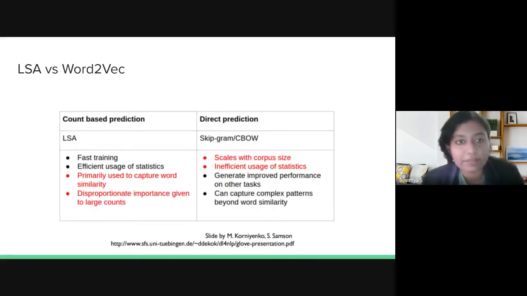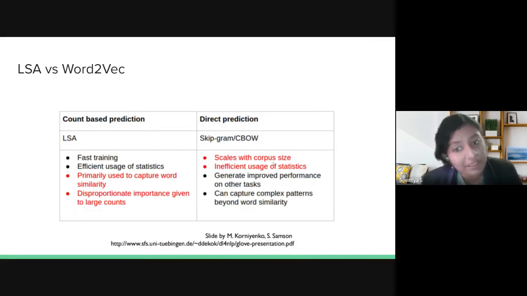So coming back, we'll see what is the difference between LSA and word2vec. Now, LSA trains very fast because it takes all the words and the documents, and then we do this matrix reduction of singular value decomposition, a mathematical operation which converges quite fast. Word2vec, on the other hand, is a function of the corpus size.